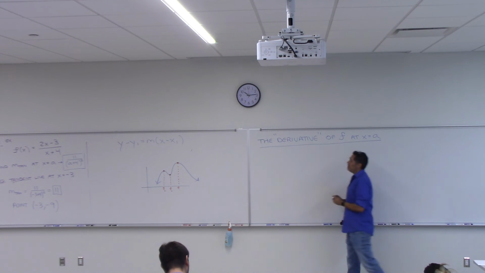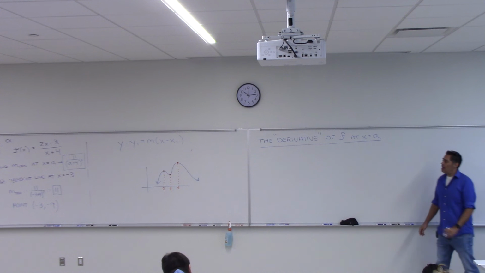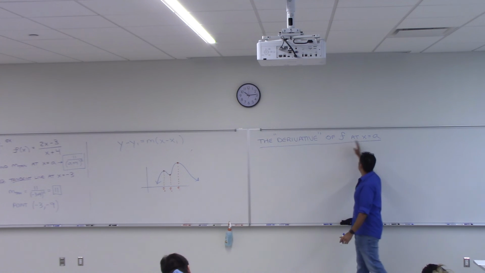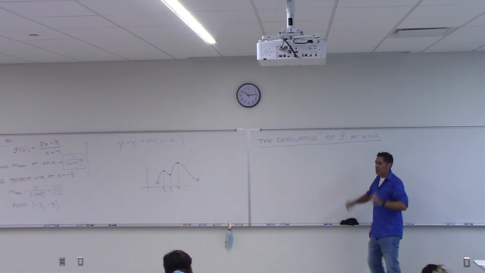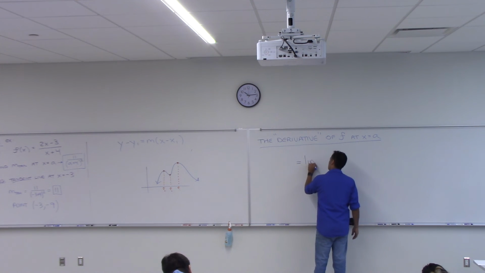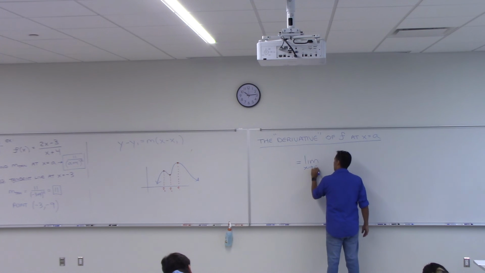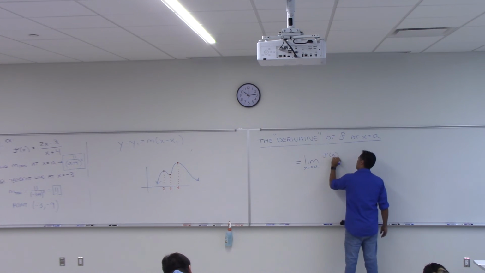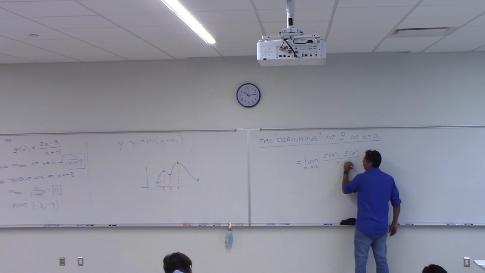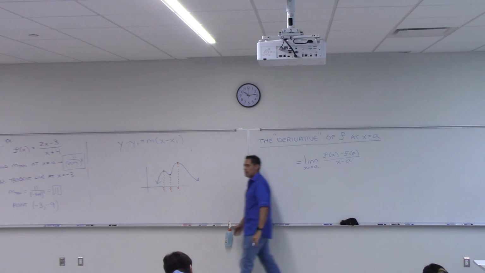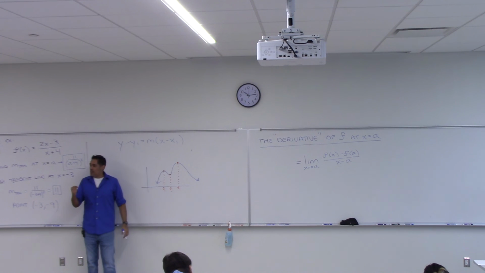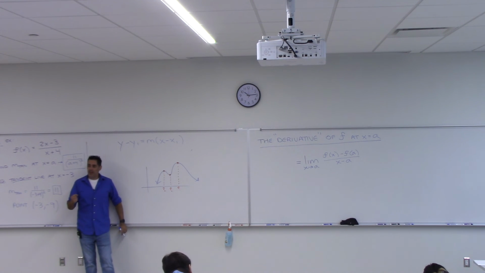The derivative of some function at some value of a, by definition, is simply this. It's equal to the limit as x approaches a of f of x minus f of a over x minus a. That should not look new to you. That's what we've been doing. The slope of the tangent line is, by definition, called the derivative of the function at a.